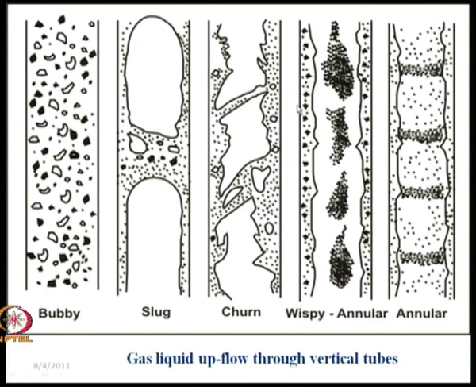Okay. And sometimes this film is usually wavy. When it is wavy, then part of this film is entrained by the gas phase and it flows as droplets or as irregular chunks or irregular wisps in the gas core.